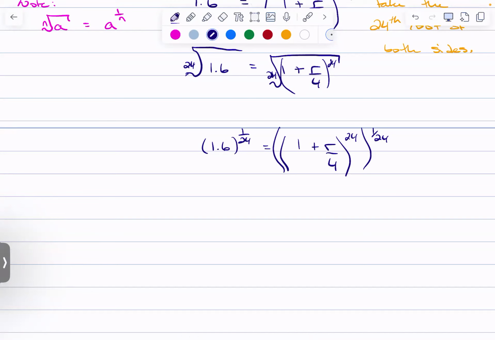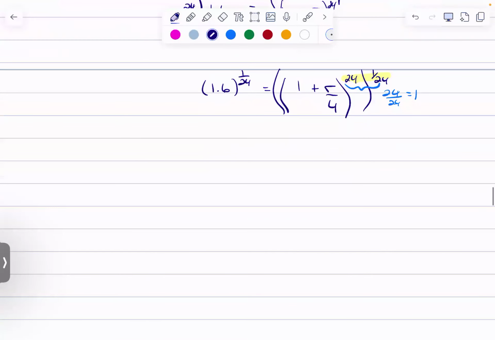Now what happens with these exponents is they're multiplying. So this becomes 24 over 24, which is a power of 1, and that's how it disappears. Now, any calculator can do 1.6 to the power of 1 over 24.